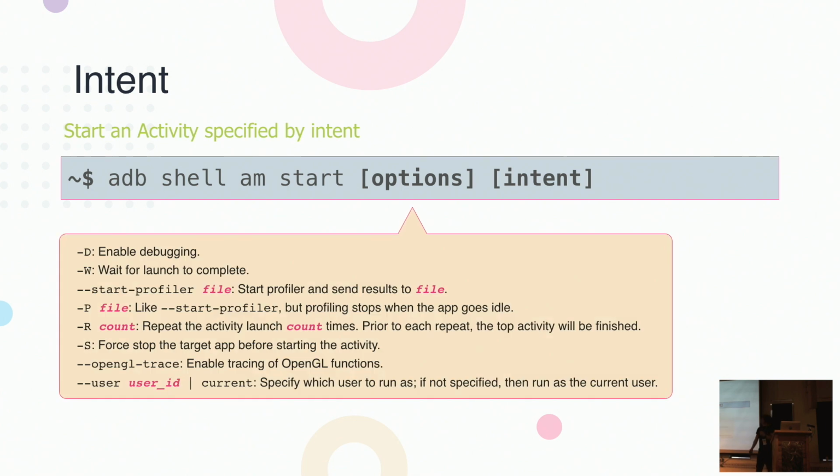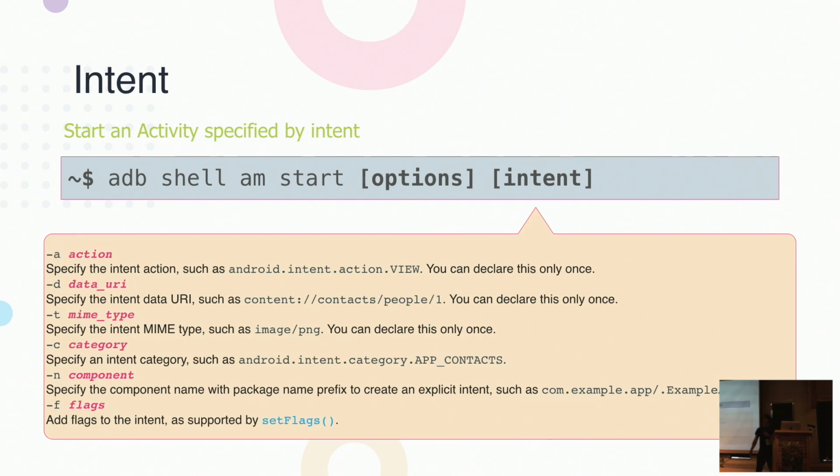The option could be enable debugging, or start profiling, or which user you want. So the current one, or you can define a user ID. And also the intent. The intent could be action, data URI, MIME type, category, component, flags. I think one pretty simple example is the component, which just uses the name of the package and the name of the class.